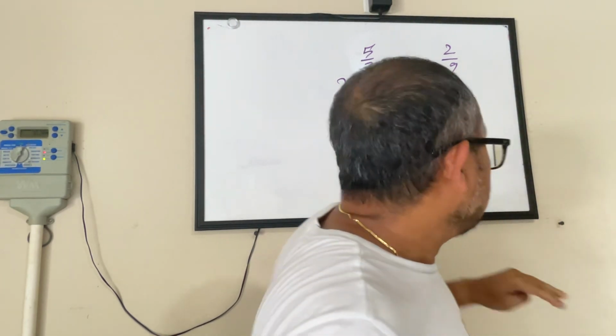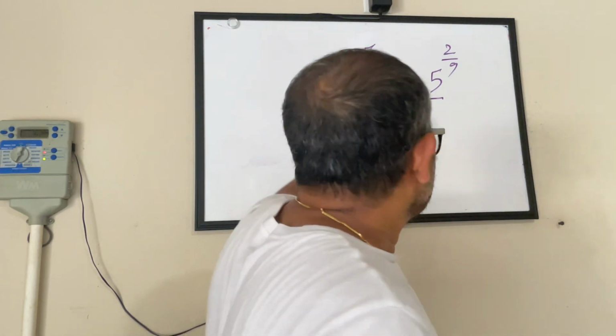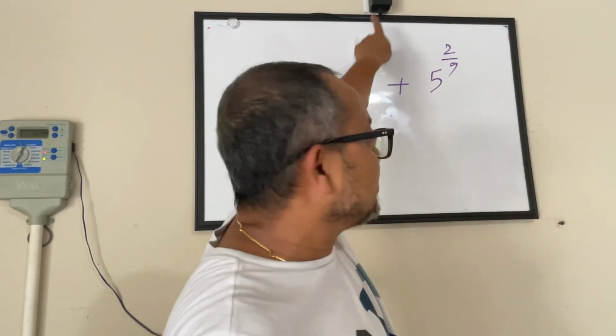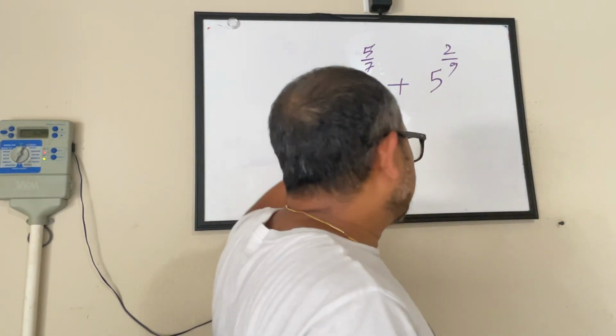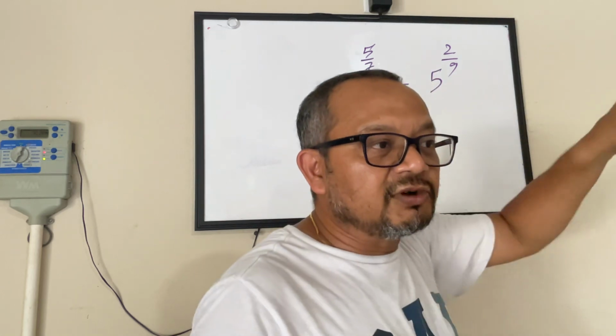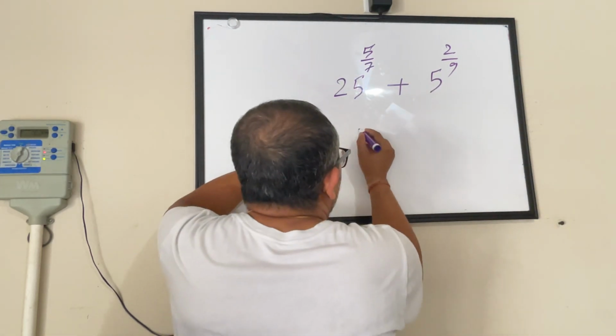Anything that looks bigger or complicated, make it smaller. Here you have 5 to the power something, and here 25 to the power something. I'm not liking apples and oranges together. Let me convert everything into apples or everything into oranges.